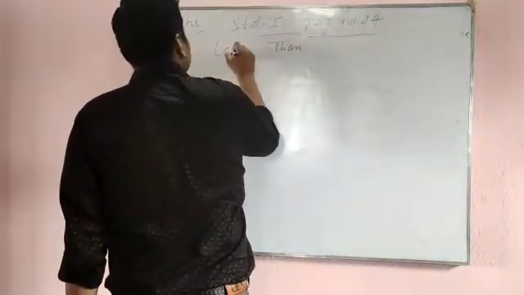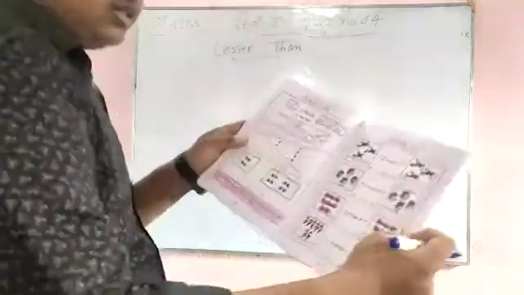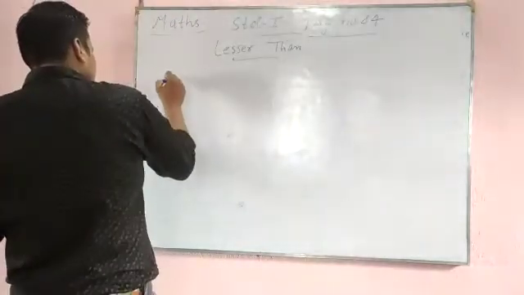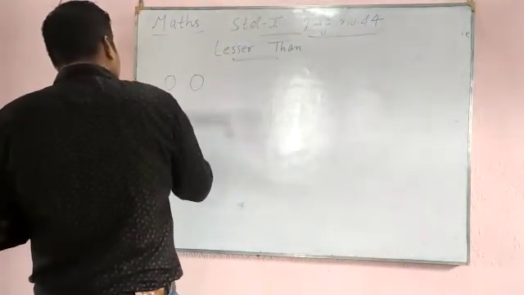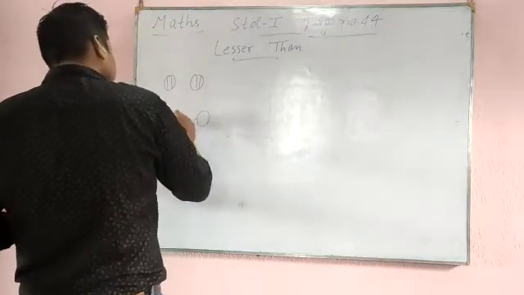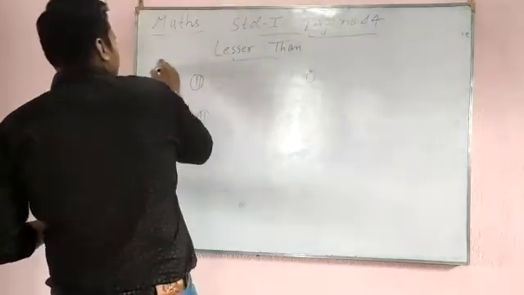Lesser than. You can see lesser than. So I am just drawing the picture. 1, 2, 3, 4. Okay. In this box 1, 2, 3, 4.